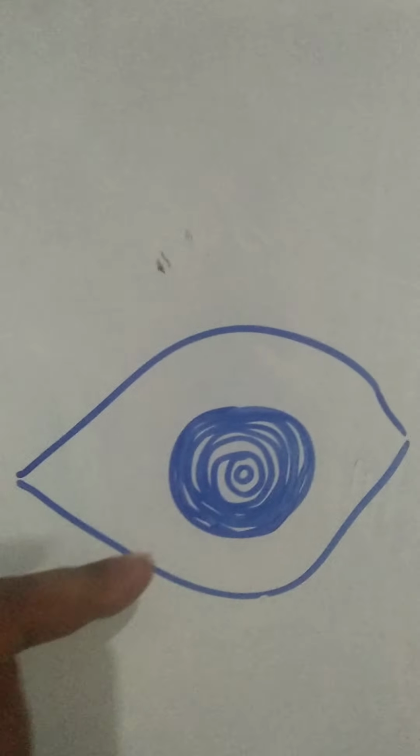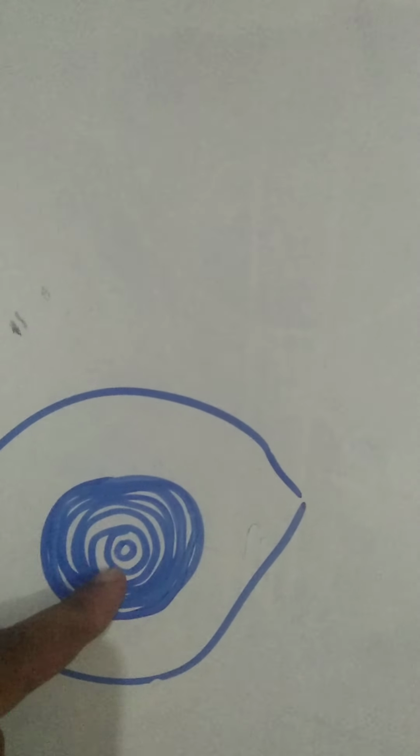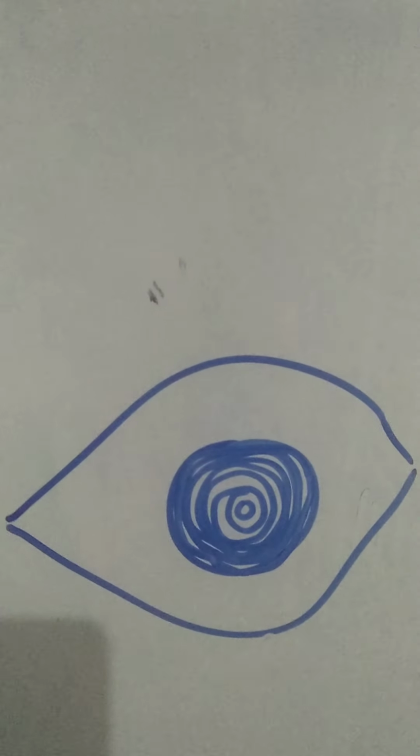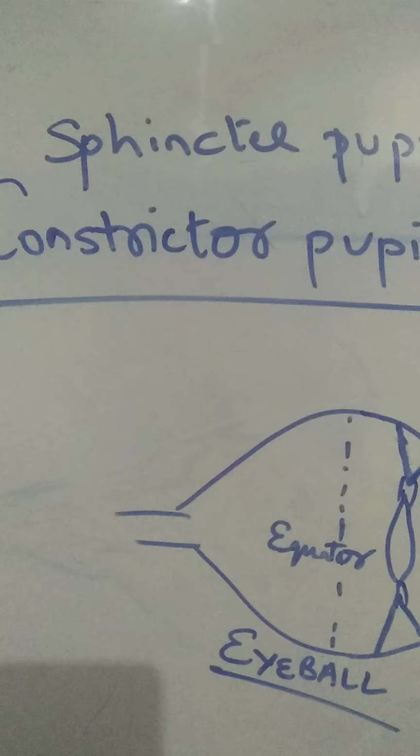Coming to the origin and insertion, this muscle originates from the pupillary margin. It swirls around the iris and gets back into the pupillary margin. So the insertion is the same thing, the pupillary margin. That is about the origin and insertion of constrictor pupillae or sphincter pupillae.